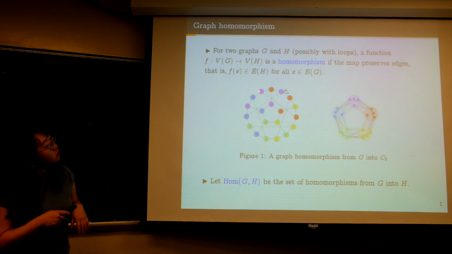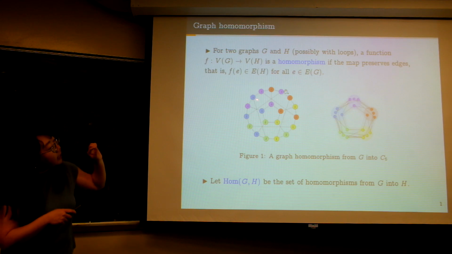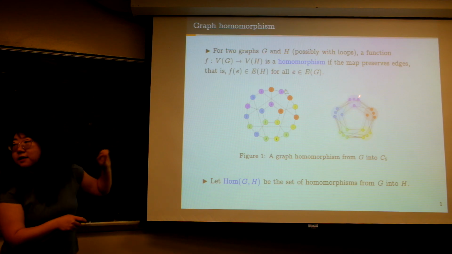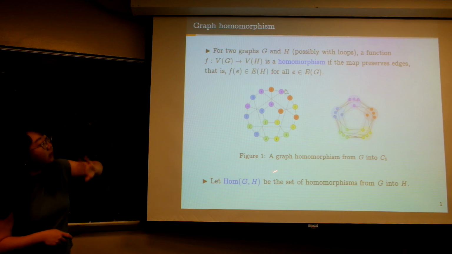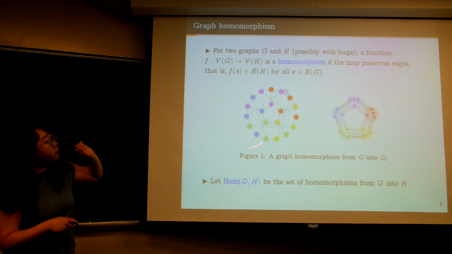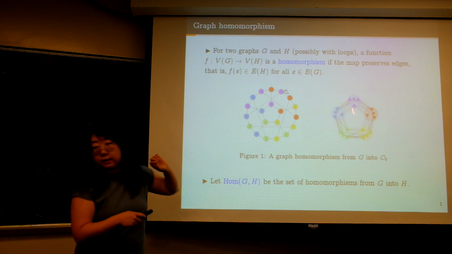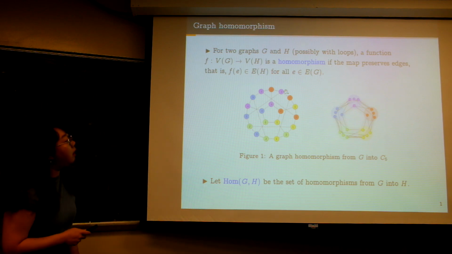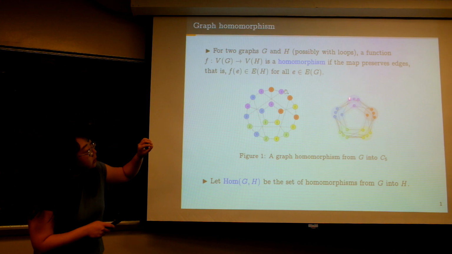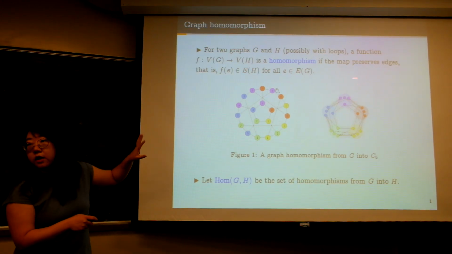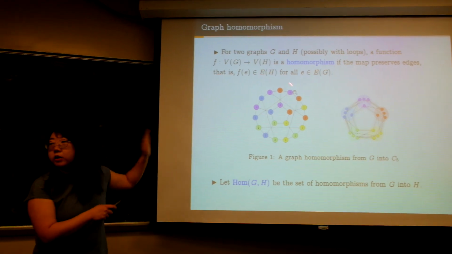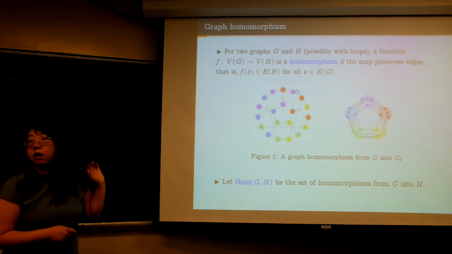Here you can see I map all the purple vertices to this vertex in the right picture. So it's actually a homomorphism from this graph G to C5. In particular, if there's no edge between the purple vertices, there will be no edges around the purple vertex in the image.